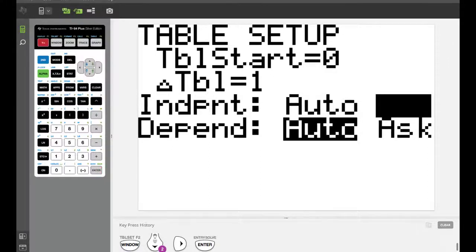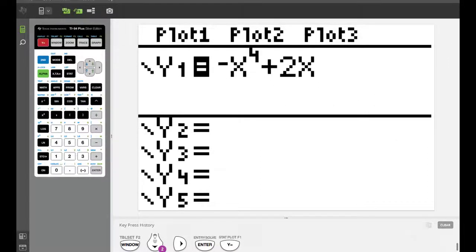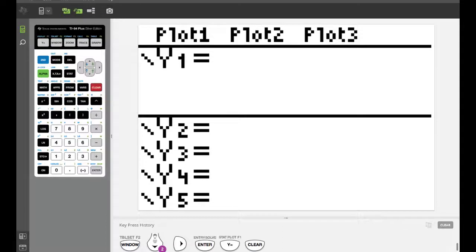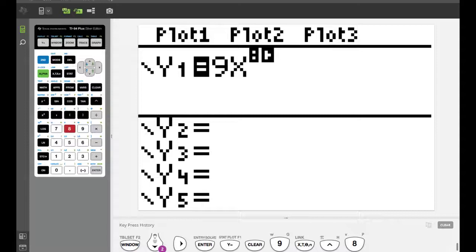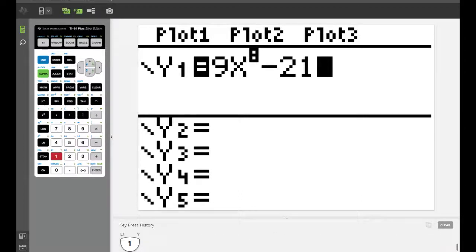Now we go to y equals, clear whatever else is in there. 9x to the 8th minus 21x^6. Okay, there's our derivative.